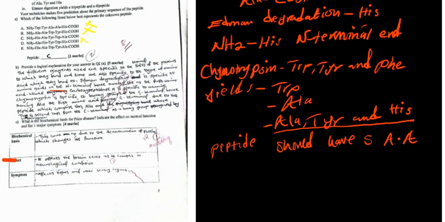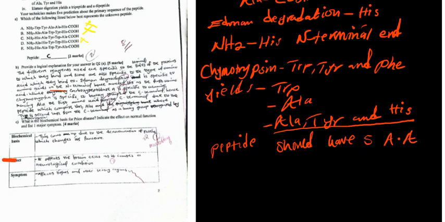Now let's go to check on chymotrypsin, because we discovered that alanine, tyrosine, and histidine have to be together when you cut using chymotrypsin. Now let's see E if we cut here. Let's use red here so that we see where chymotrypsin can cut. So chymotrypsin can cut after the tryptophan.